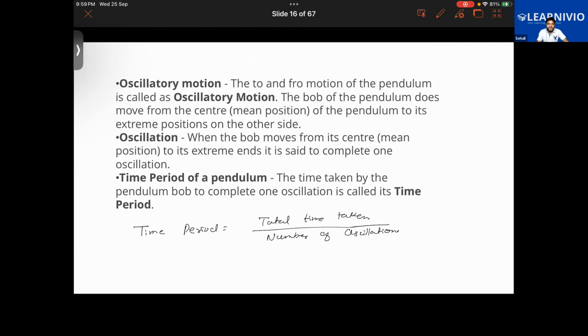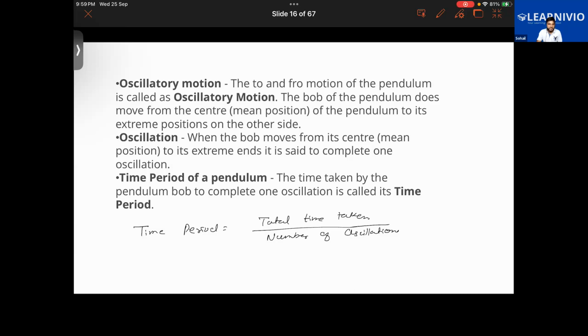Okay, next we have the concept of frequency. Frequency talks about the number of oscillations done in a given second. It says how many oscillations are done in just 1 second, not 2, not 3, not 5, but in 1 second.